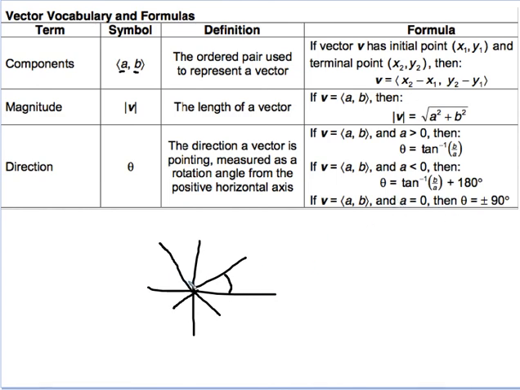But if our x, or our a, is 0, let's say we're going straight down, or straight up, then our direction, in this case, would be 90 degrees. In this case, it would be either negative 90 degrees or 270 degrees.